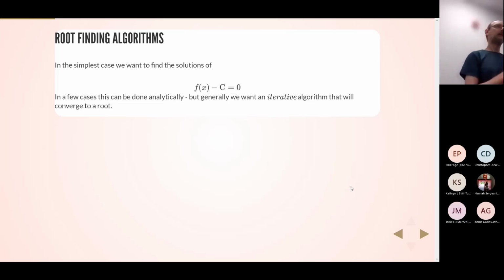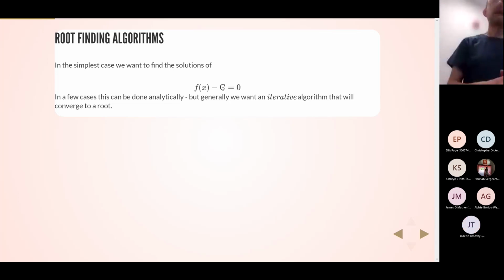So there's two types of problems that we'll look at this week. The first is finding the roots of a set of equations in general, or a single equation if we're in one dimension. So if you want f(x) equals c, or f(x) minus c equals 0, we want to find the zeros.